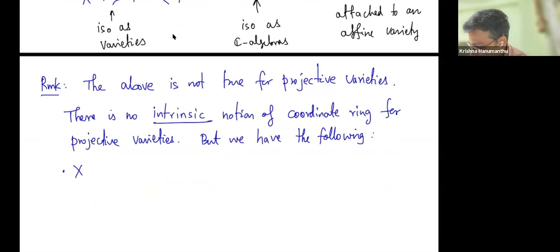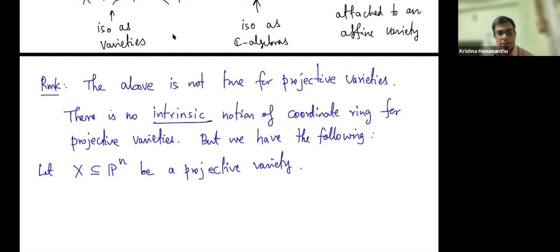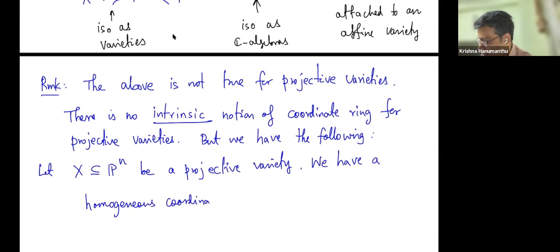Okay, so if X is a projective variety, that means it is the zero set of a collection of homogeneous polynomials. We have a homogeneous coordinate ring. So if you just follow the recipe that you used to define the affine coordinate ring, you will get what is called the homogeneous coordinate ring. So let me just use the same notation for this.